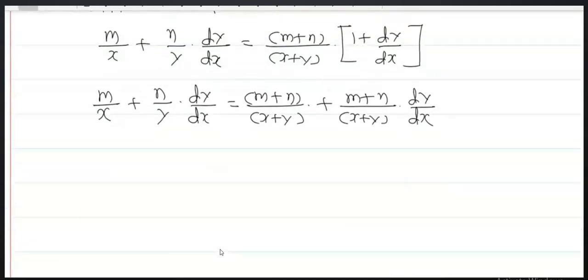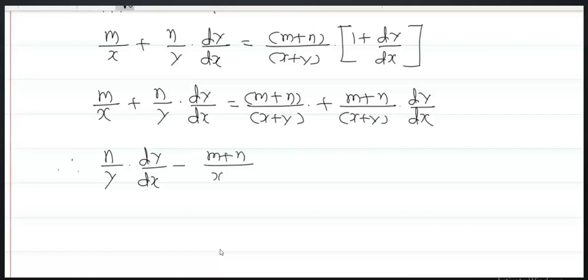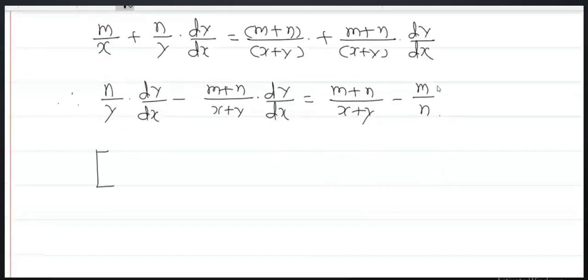Therefore, n upon y into dy by dx minus (m plus n) upon (x plus y) into dy by dx is equal to (m plus n) upon (x plus y) minus m upon x.